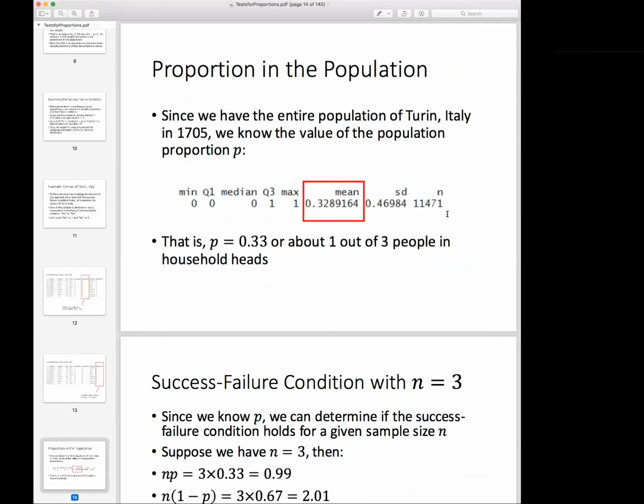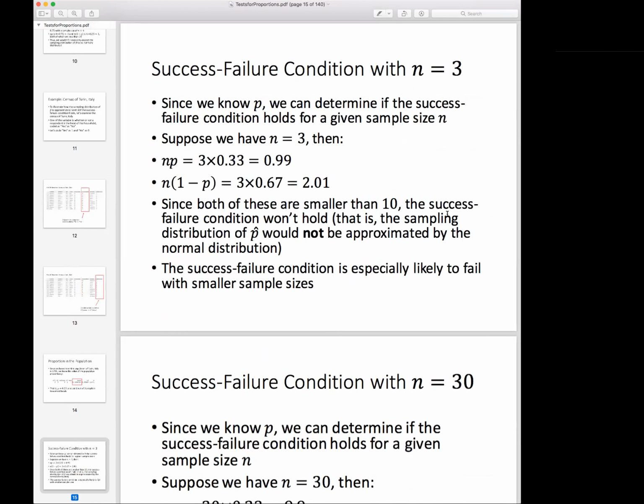And we can find a proportion of that numerical variable, p, which we see here is about 0.33, so about 1/3 of the people. Now we can test the success-failure condition with a sample size of 3. With a sample size of 3, both are going to be less than 10, because 3 is less than 10, first of all. So we know that the success-failure condition would not hold here.